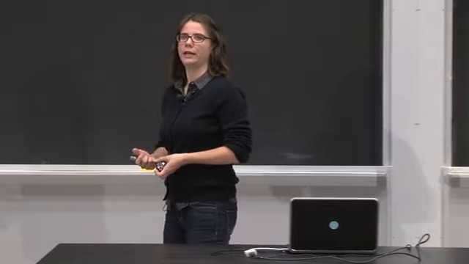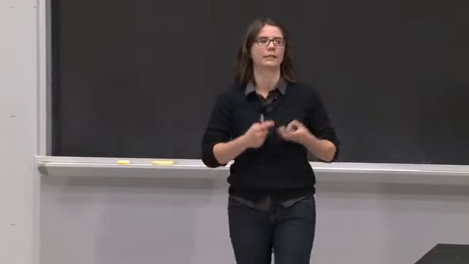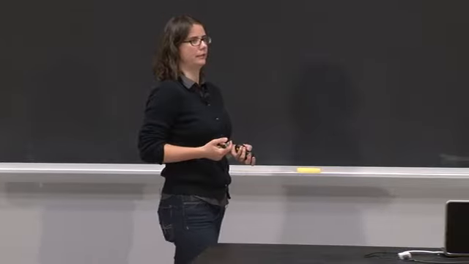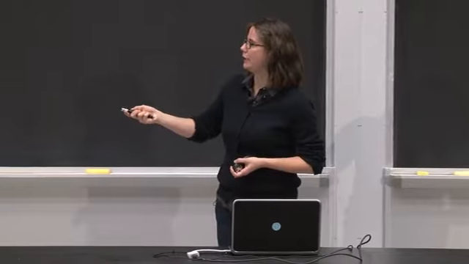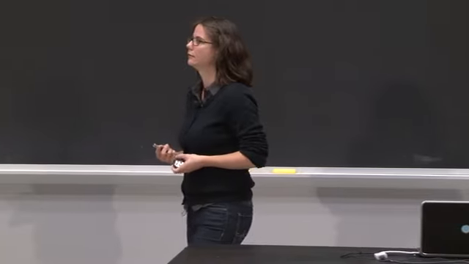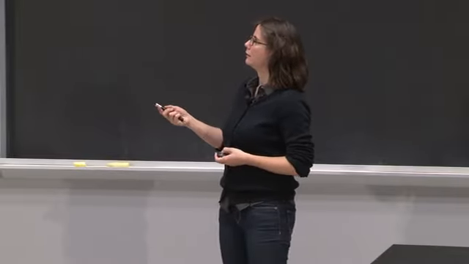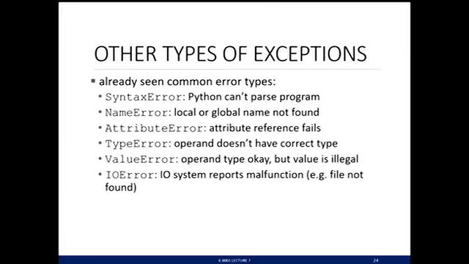And when that happens, you get an exception. So the error is called an exception, and it's called an exception because it was an exception to what the program expected. All of the errors that I've talked about in the previous slides are actually examples of exceptions, okay? And there are many other types of exceptions, which you'll see as you go on in this course and also in 60002.